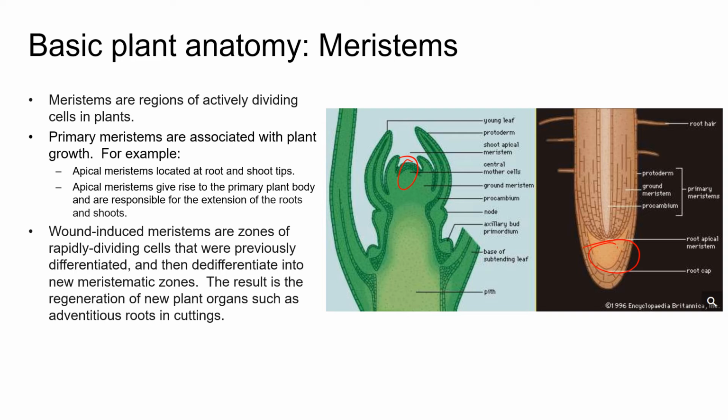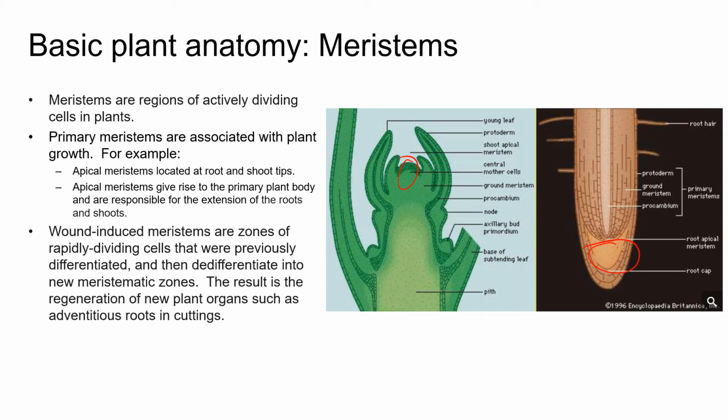New meristematic areas, which are areas of rapidly dividing cells, can also be induced by wounding a plant. Wound-induced meristems are groups of cells that were already differentiated and then de-differentiate into new meristematic zones, which results in the regeneration of new plant organs.